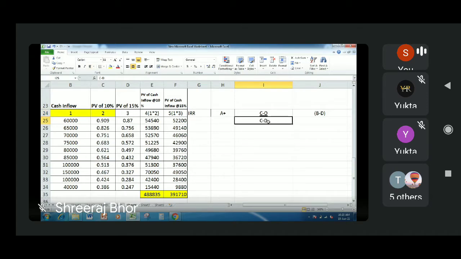Again, C is the same amount, PV of cash flow at lower trial rate. D is PV of cash inflow at higher trial rate. B is the higher trial rate. Okay, so in this way we will calculate.